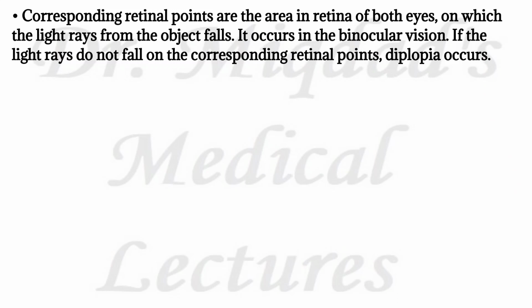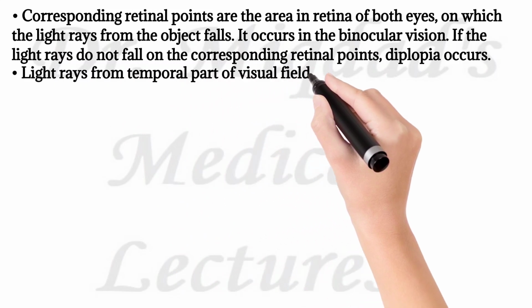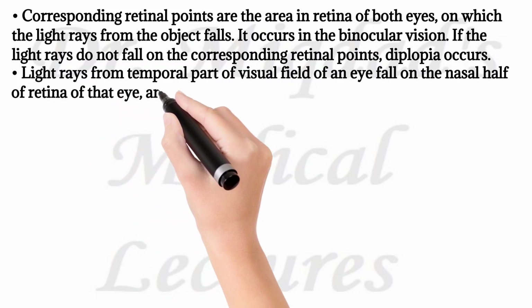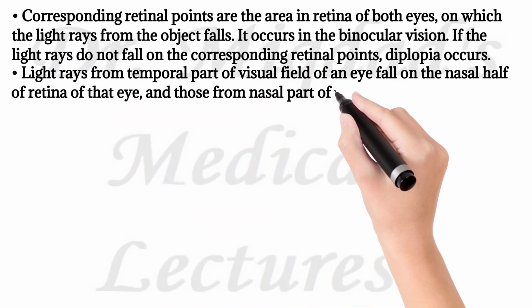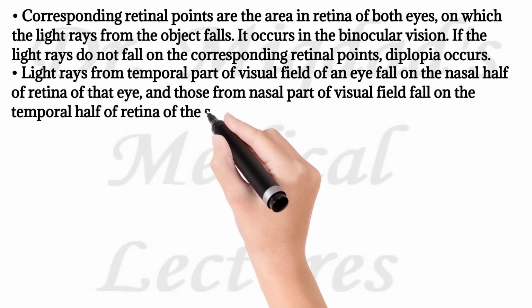Okay, so let's proceed. Now the next important concept to understand is that the light rays from the temporal part of the visual field of an eye fall on the nasal half of the retina of that eye, and those from the nasal part of the visual field fall on the temporal half of the retina of the same side.